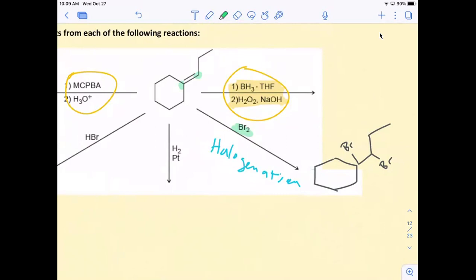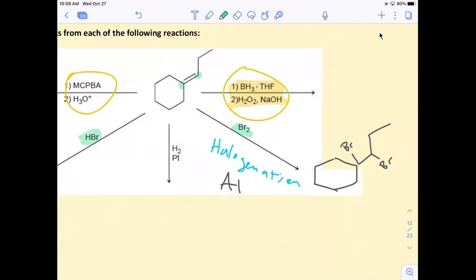And it's always trans. Does this one follow Markovnikov's rule? No, this one doesn't necessarily follow the Markovnikov rule. That's more reserved for addition of HX, because in this particular case you're adding the same thing to both sides.